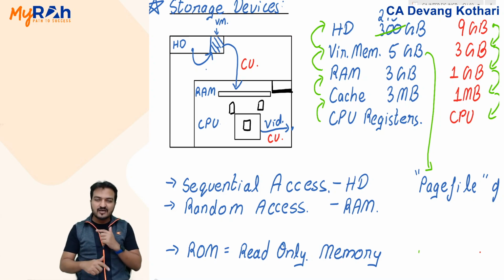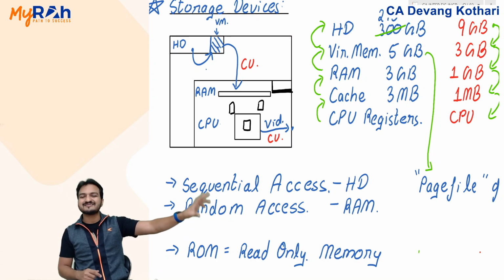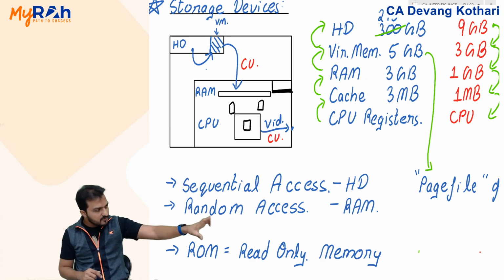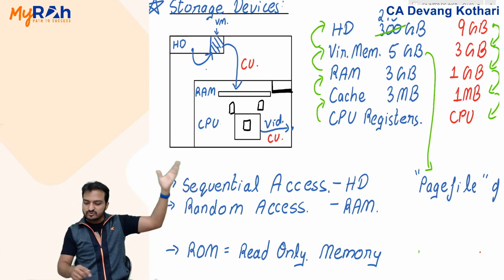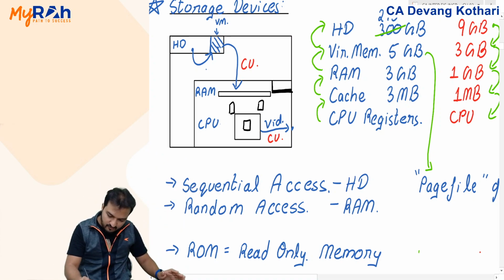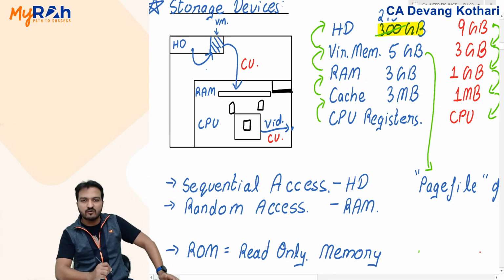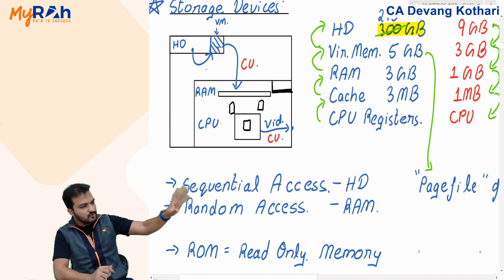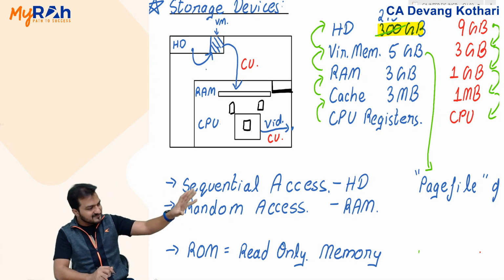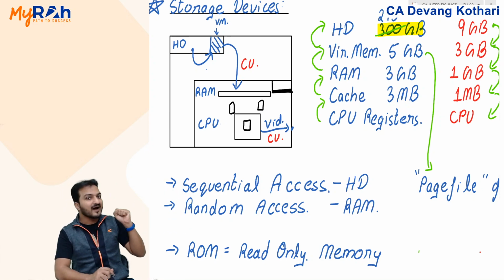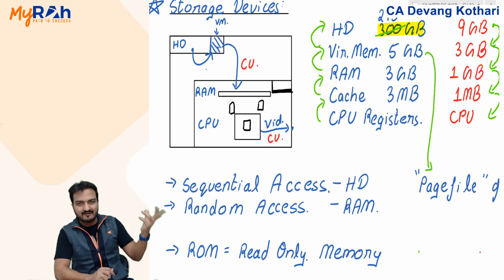While sequential access means that the cupboard is like my hard disk. In the cupboard there are 6 shelves. So it is a huge storage, huge. Look, it has around 300 GB of storage. Now out of that huge storage, when I want some item from the cupboard, I do not know where that item is kept in the cupboard.